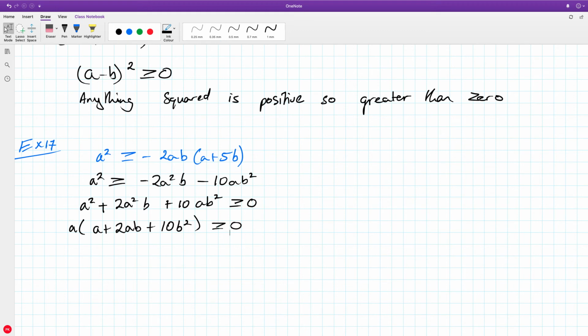Right? Where do we go from here? Can we factorize them? See if you can factorize inside the bracket. Go on 1 minute, see if you can factorize inside the bracket.